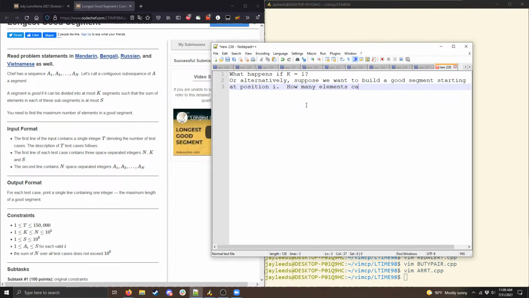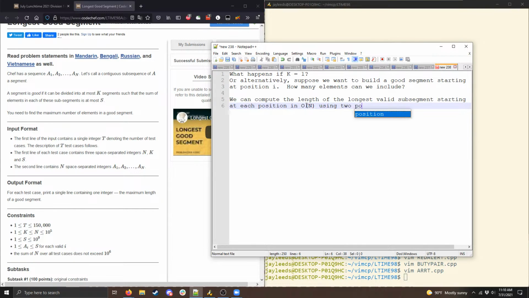How many elements can we include? And can we answer this for all i? So what I'm going to show you is that we can compute the length of the longest valid subsegment starting at each position in O of n using 2 pointers.